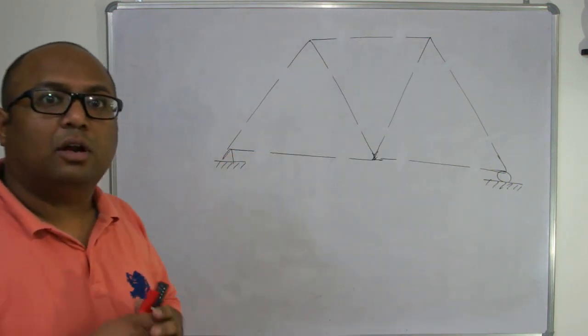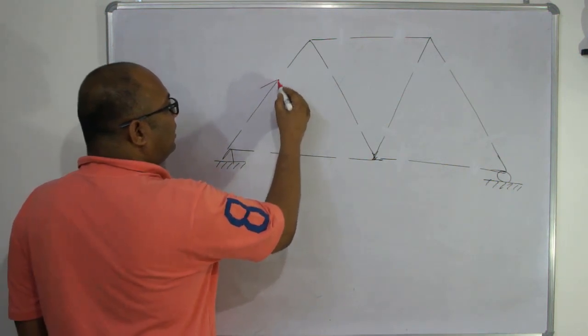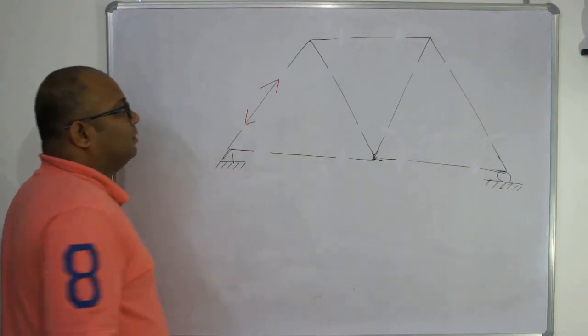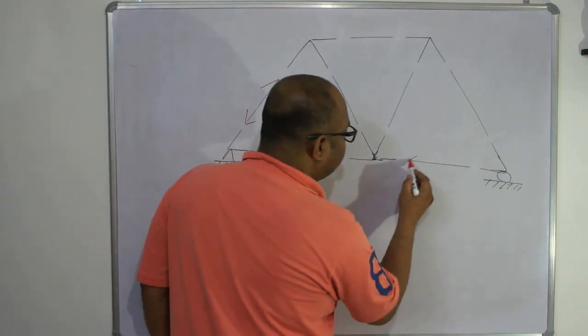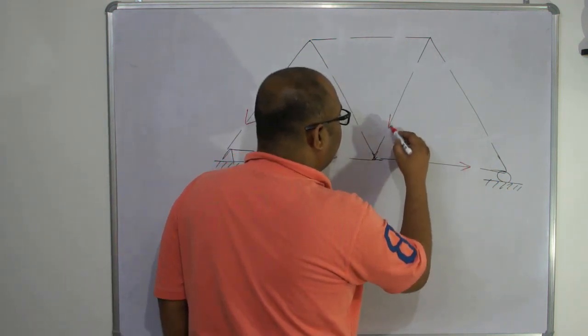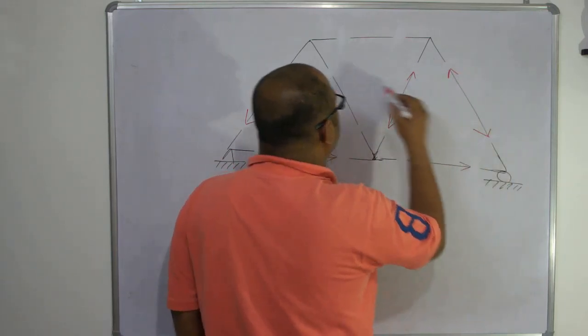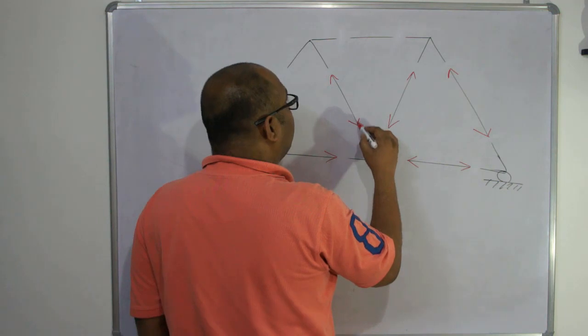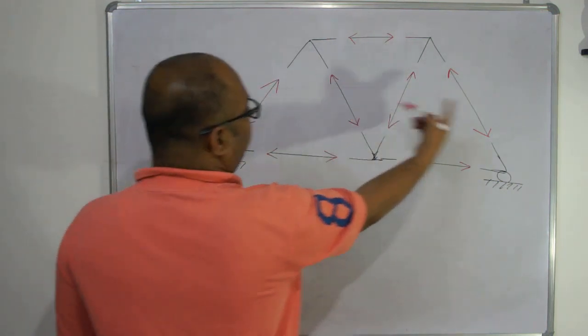So now let us assume that the member is in tension. The member is in tension. So I am assuming that all the members are in tension. One, two, three, 4, 5, 6, 7.